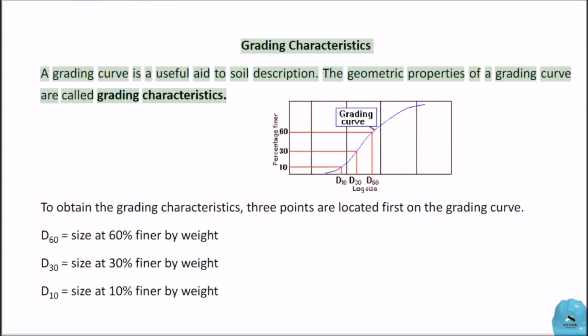Grading characteristics. A grading curve is a useful aid to soil description. The geometric properties of a grading curve are called grading characteristics.